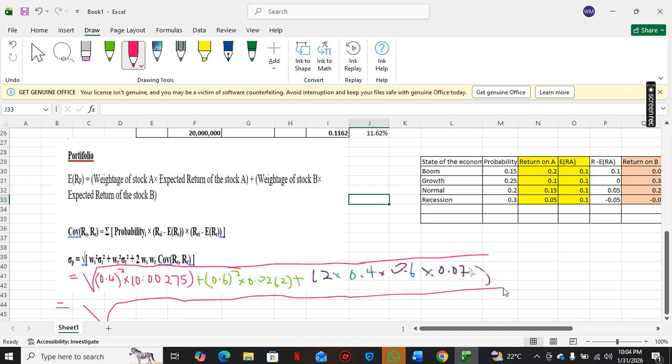So we start with 0.4 squared, which is 0.16. 0.16 multiplied by 0.00275, we get 0.00044.